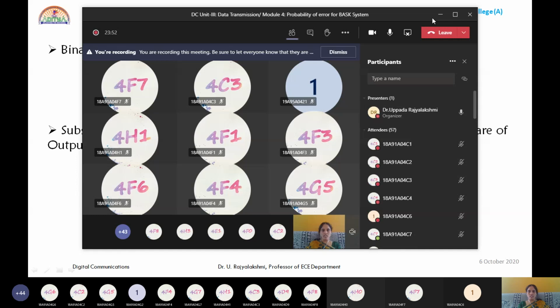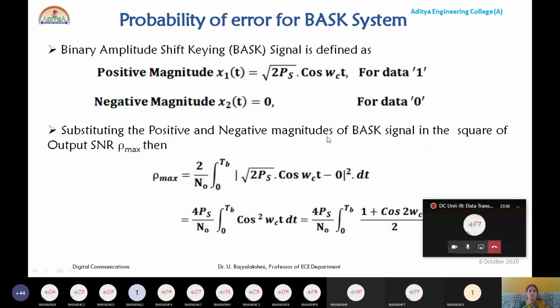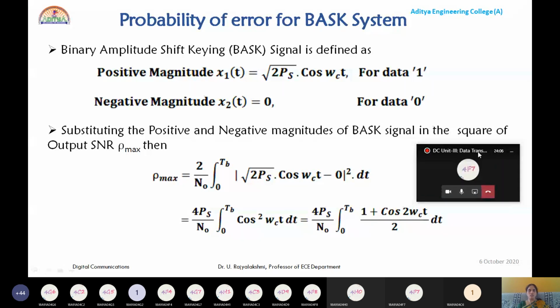Please solve this and tell me the value of the square of output SNR.